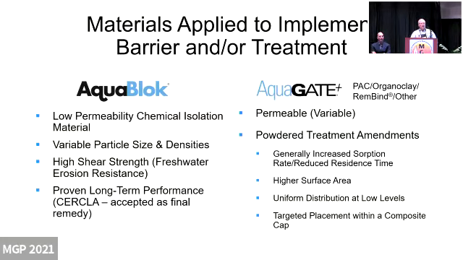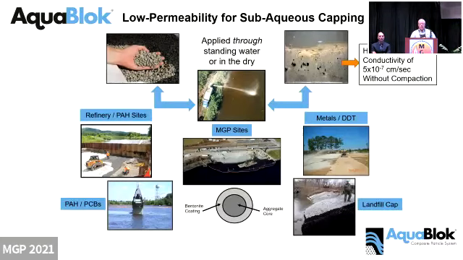But then we have another group of materials which we refer to as AquaGate, which are absorptive treatment materials, and those materials remain permeable, so they will allow water to flow through. And you'll see that we use these materials both in combination or one or the other, depending on what it is that we're trying to accomplish.